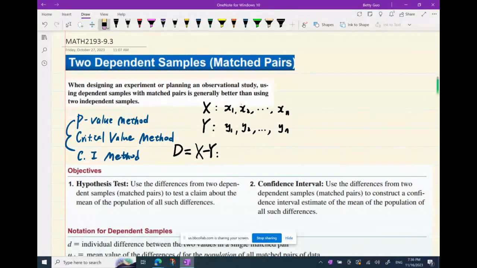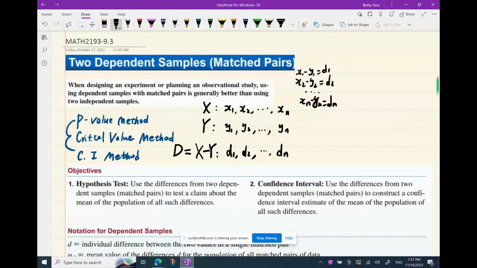So we use the first value in the first sample minus the first value in the second sample. We would have d1 as the first value from the sample we are going to have from the population D. And if we let x2 minus y sub 2 be d sub 2, then d sub 2 would be the second value. And so on and so on. x1 minus y1 is d1. xn minus yn would be d sub n.